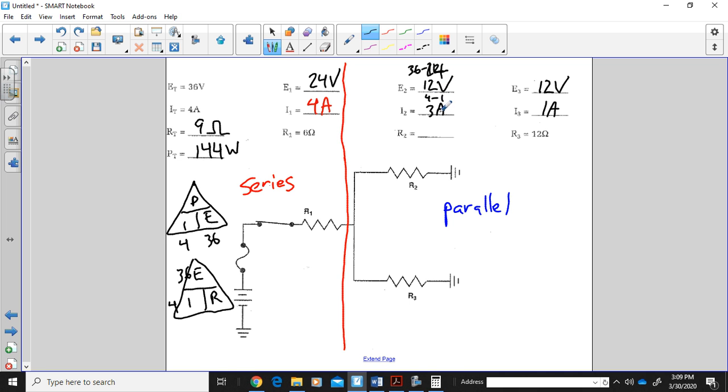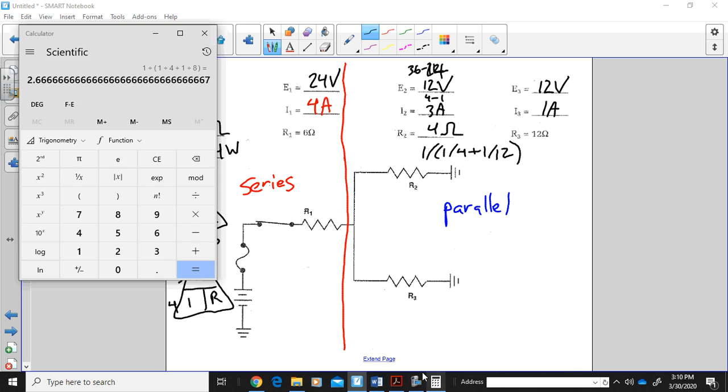You've got E and I. Can you find R? It's a triangle. E divided by I. 12 divided by 3 will get you 4 ohms. And then we should check this. So 1 divided by parentheses 1 divided by 4 plus 1 divided by 12.